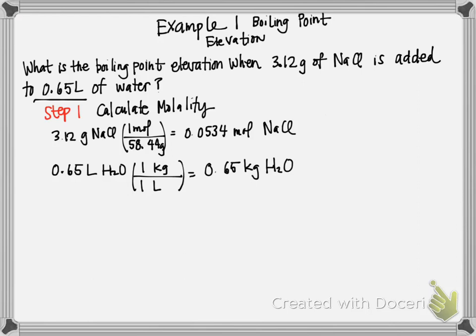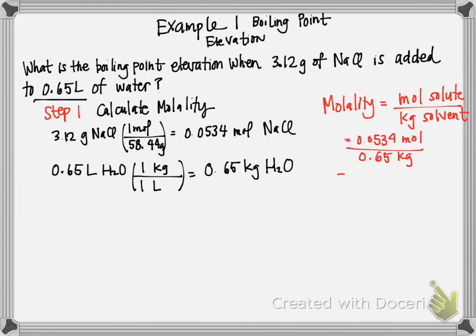Now we can use these two numbers here to calculate molality. That's moles of solute divided by kilograms of solvent. And we take our numbers that we calculated, and we're going to get 0.082, and again, that's your molality.